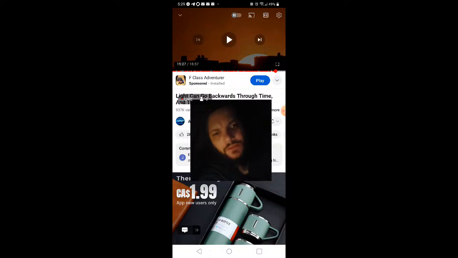And why wouldn't it? If you're going as fast as Mach 2 or Mach 3, you're going to feel yourself pulled against the back of your seat.